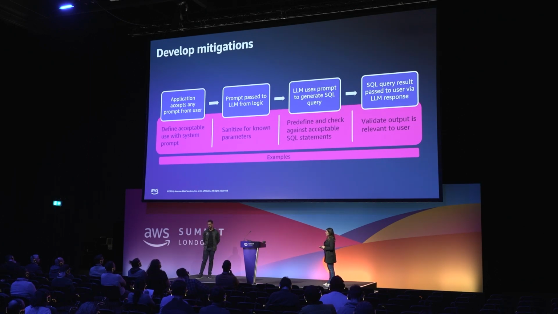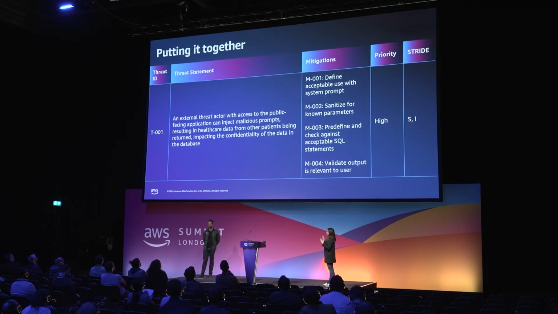So if we put all of this together and continue to improve on what Danny has done, we have the threat statement along with the mitigations, the priority, and some of the STRIDE components. Now, we really didn't come up with this on our own.